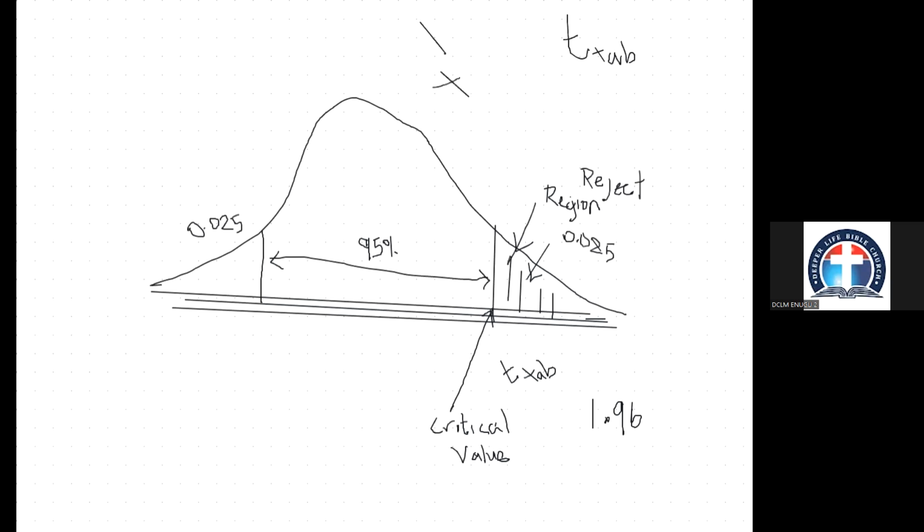Sometimes we call it T stats, or T computed, or T cal. These are the different names you call it. Some people will call it T cal, that's the calculated T. Or you call it T stat.